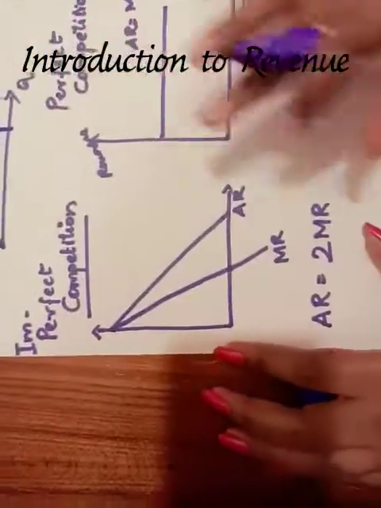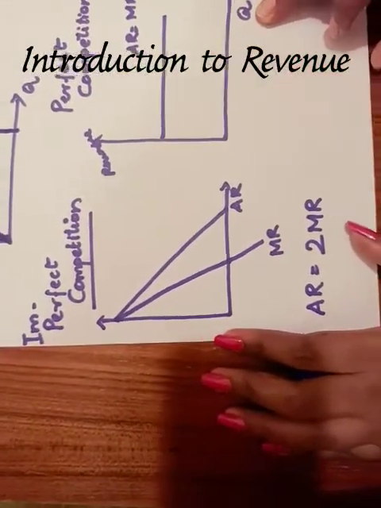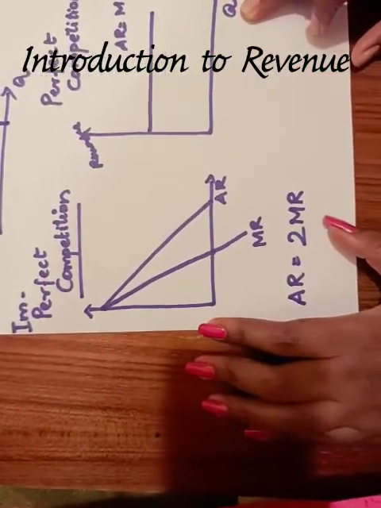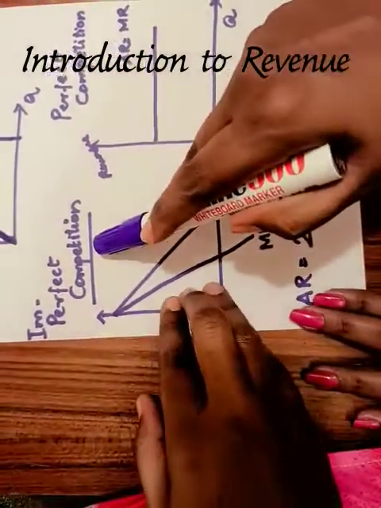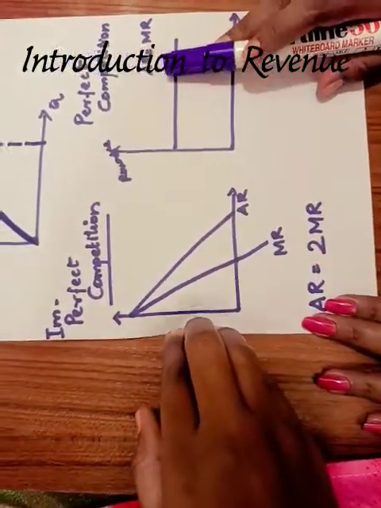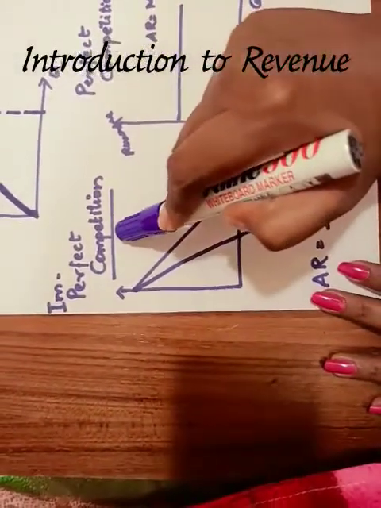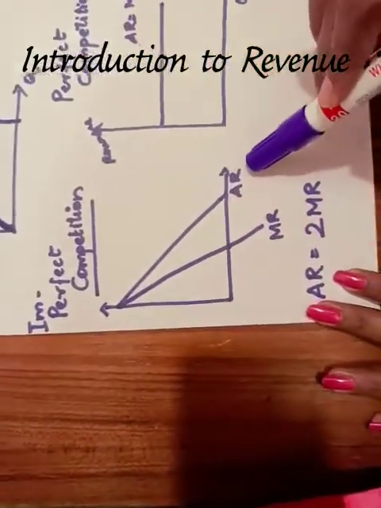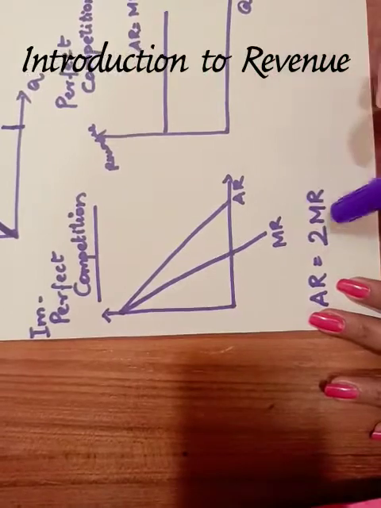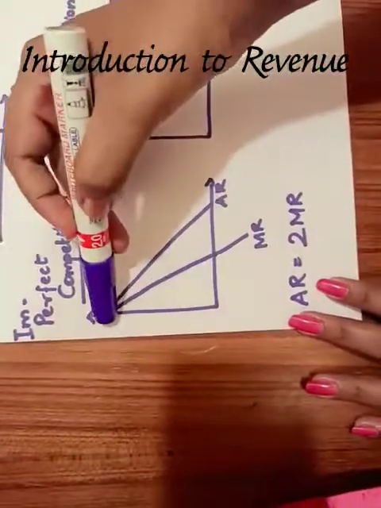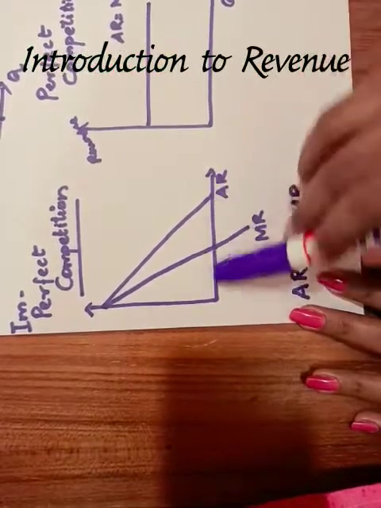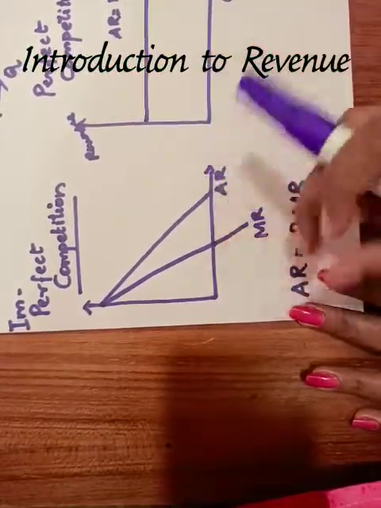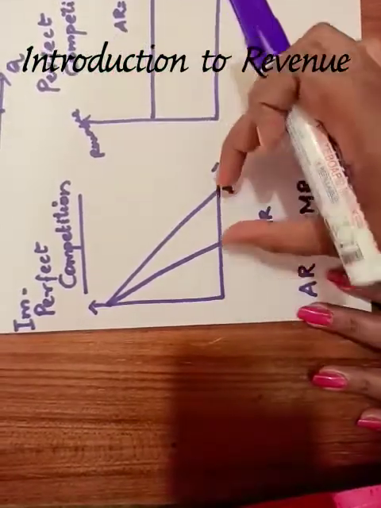Coming to the AR. AR is equal to the price. This is in the case of imperfect competition and this is in the case of perfect competition. In the case of imperfect competition, AR is 2MR. That is, the MR curve passes through the exact midpoint of the x-axis, so both spaces will be equal.